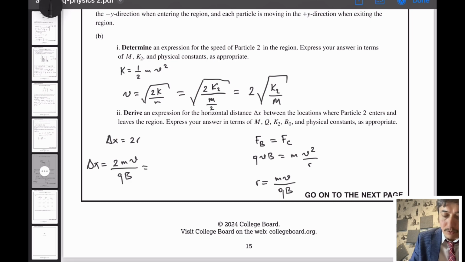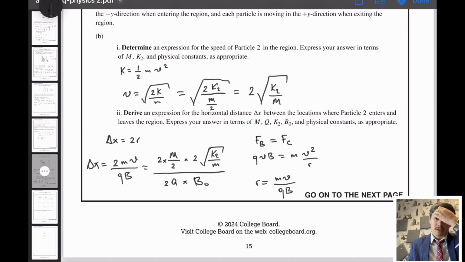Let's substitute the quantities. So it's going to be 2, mass is mass over 2, divided by speed. Above we found it as 2 again, times square root of K2 over m, divided by the charge, again 2Q, times magnetic field strength B0.